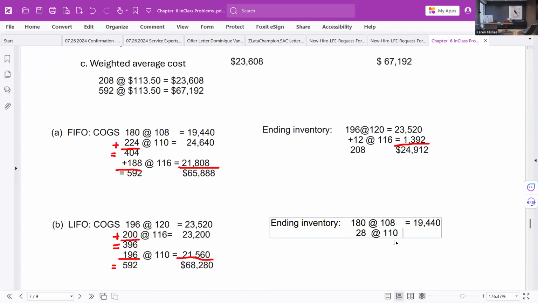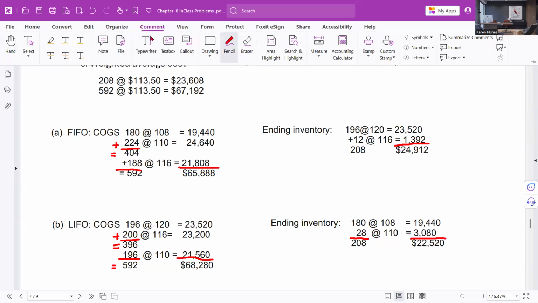The 28 at 110 has a cost of 3,080. Put it all together, and we've got the 208 units with a total cost of $22,520.